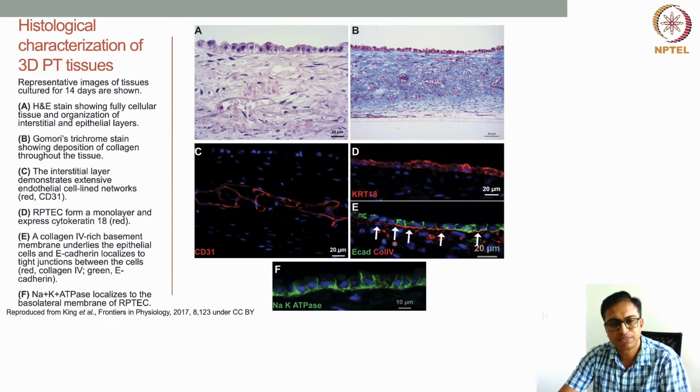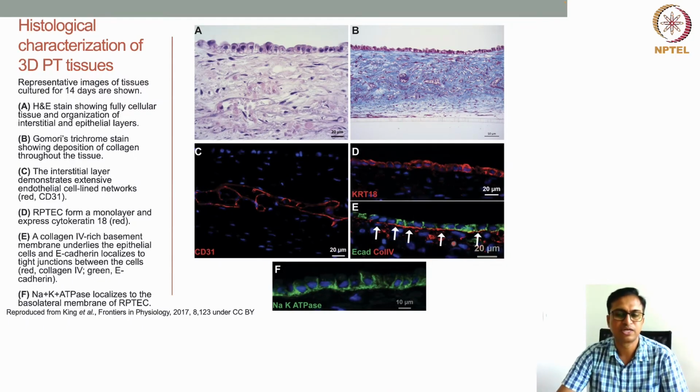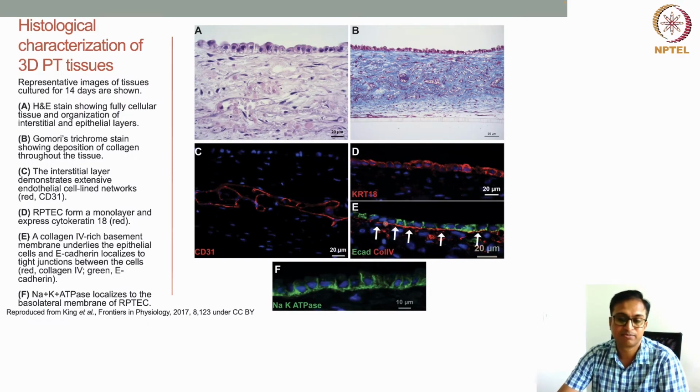And also in case of E, a collagen 4 rich basement membrane can also be seen between the epithelial and the interstitial tissue. That is very important because the basement membrane is the component that separates the epithelial tissue and the interstitial tissue and acts as a barrier between these two, and also it helps in absorption and other processes.